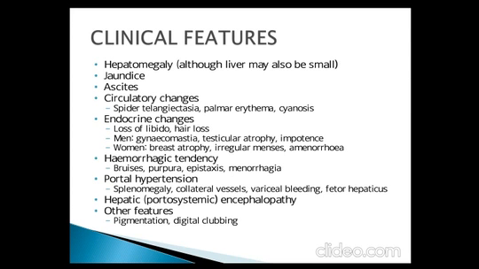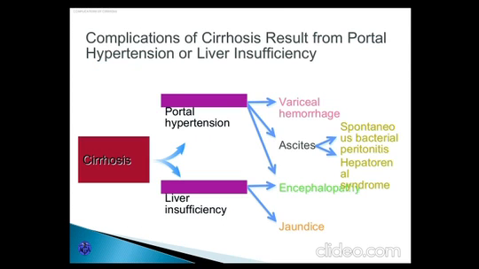Cirrhotic women have breast atrophy, irregular menses, amenorrhea. There could be bruises, purpura. So splenomegaly, variceal bleeding, fetor hepaticus, hepatic encephalopathy. So pigmentation, digital clubbing will be there.